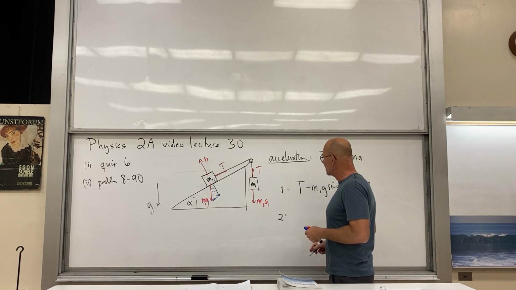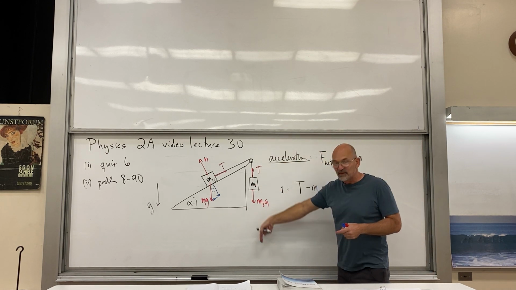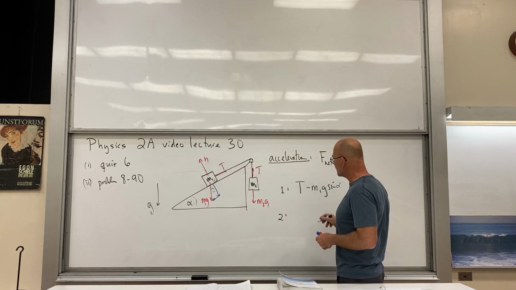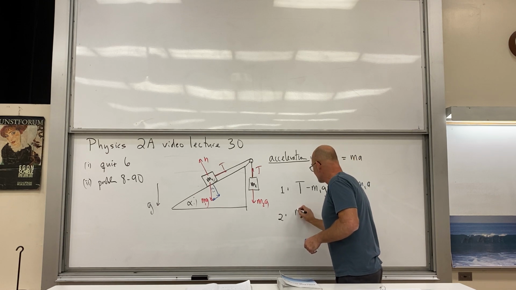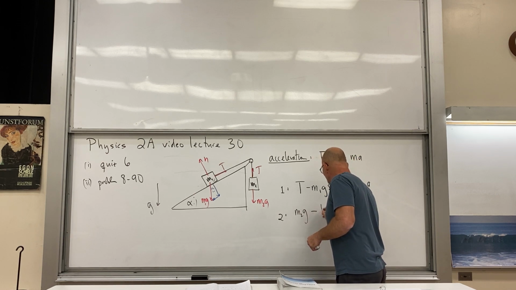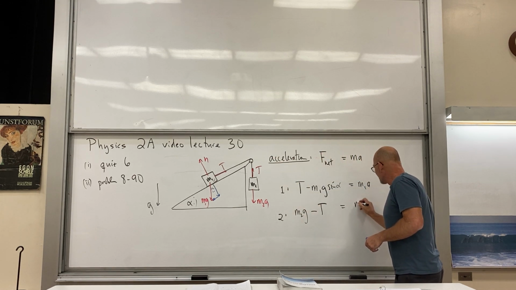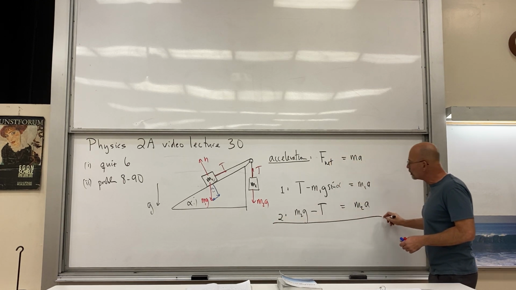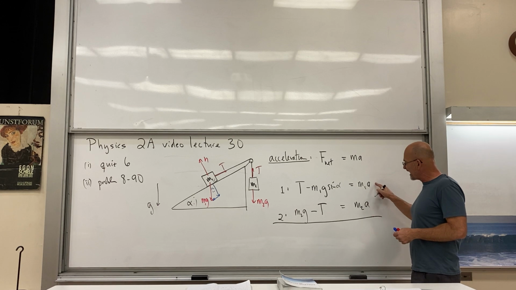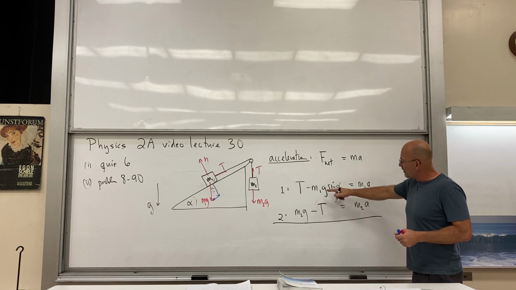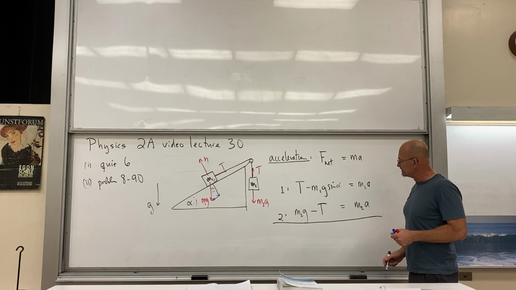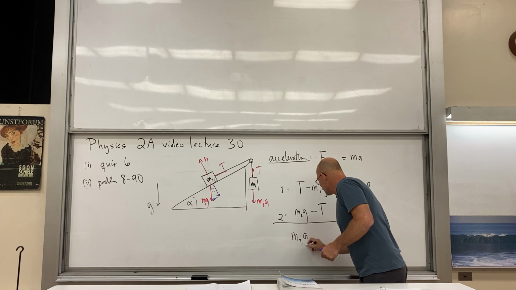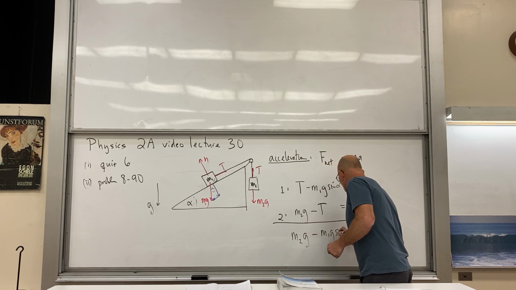And for number 2, we have to remember that the positive direction is down, because here it's a continuation of the uphill motion, so the positive direction is down. So we have M2G minus T, T's pulling up, is equal to M2 times A. So you have 2 equations and 2 unknowns, and you can solve for A and for T, but what we're going to do is add these 2 equations, because then we get M2G minus M1G sine alpha.